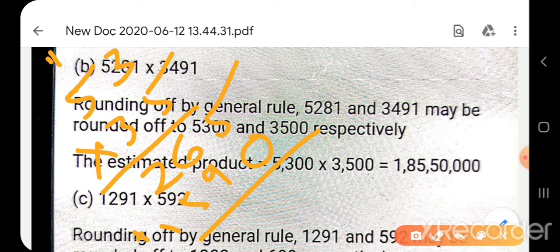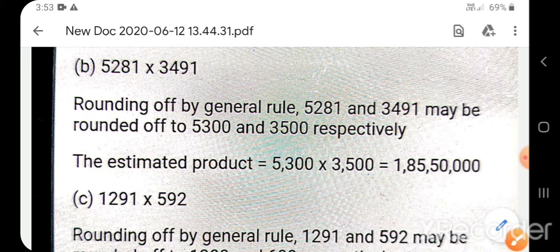Now 5, 15 means 5 and 1, 5 plus 2 is 7, plus 1 is 8 and 1. So 1855, and total 4 zeros.